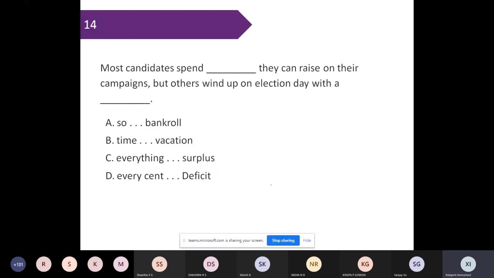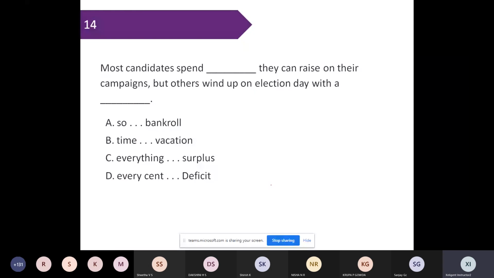Okay, money. Money can be the guess word for the first blank. Most candidates spend money they can raise on their campaigns, but others wind up on election day with what? What is the guess word for the second blank? With something left. Okay, so that's the guess word which we can make.